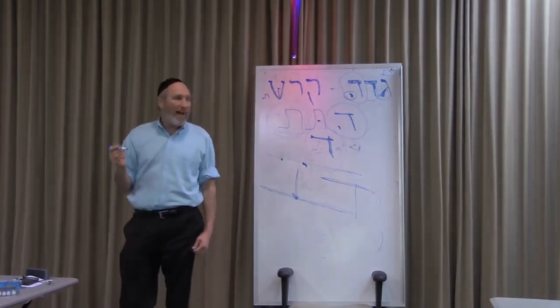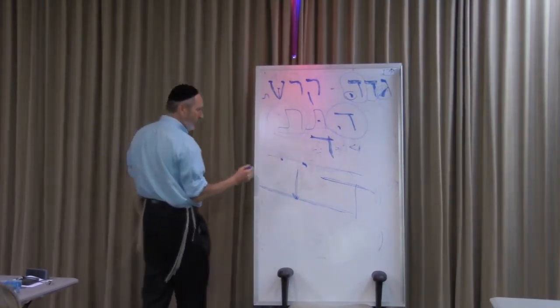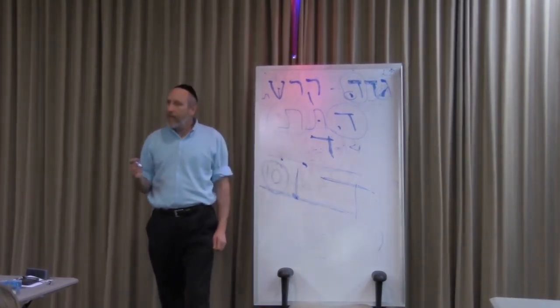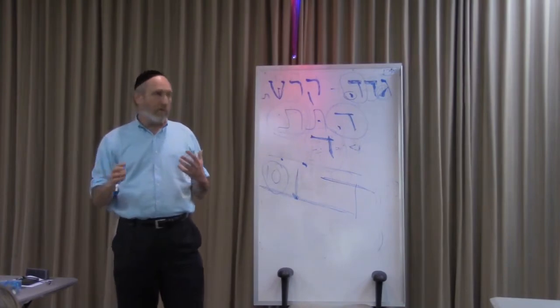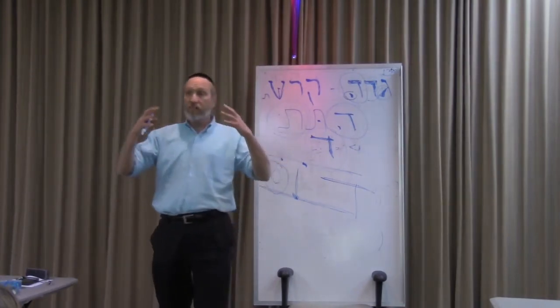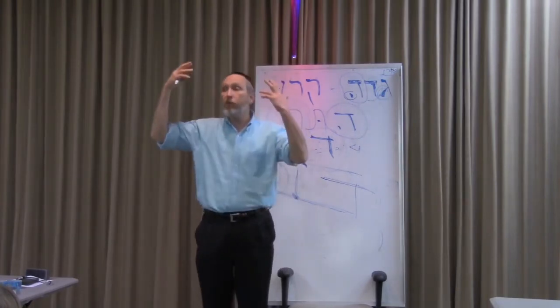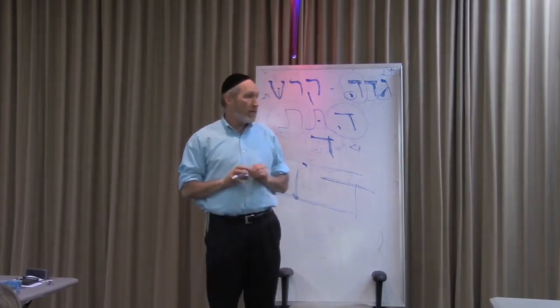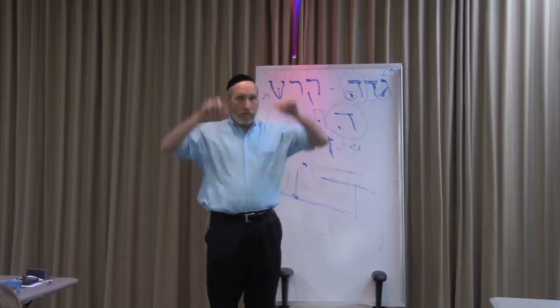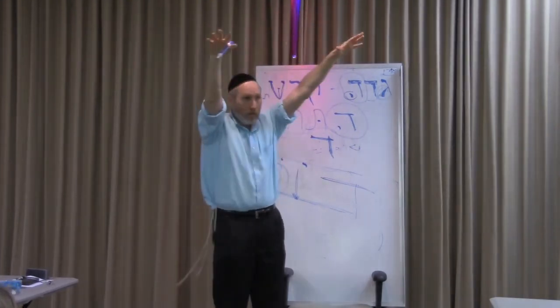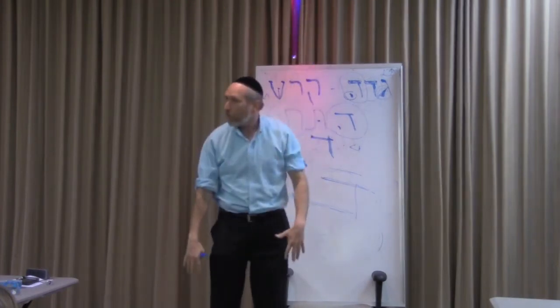And what's the numerical value of Yud? Anyone know? 10. And 10 is the idea of, of course we know in Kabbalah, 10 sefirot. We know the top part of you and the bottom part of you have 10. How does that work? Kohanim, giving the bracha. You're 10 on top, you're 10 on bottom.